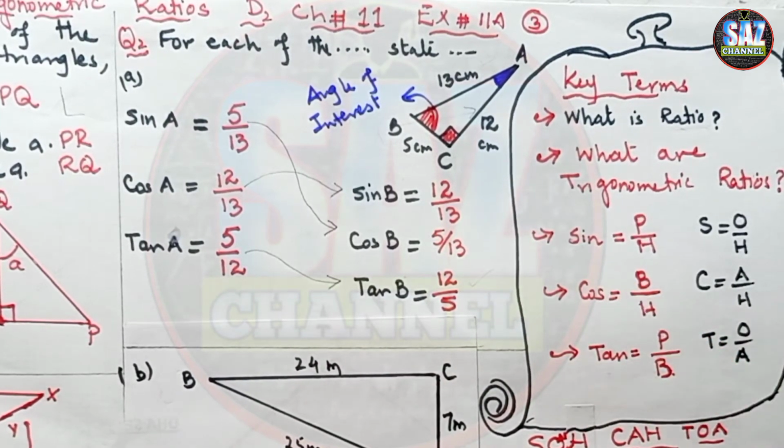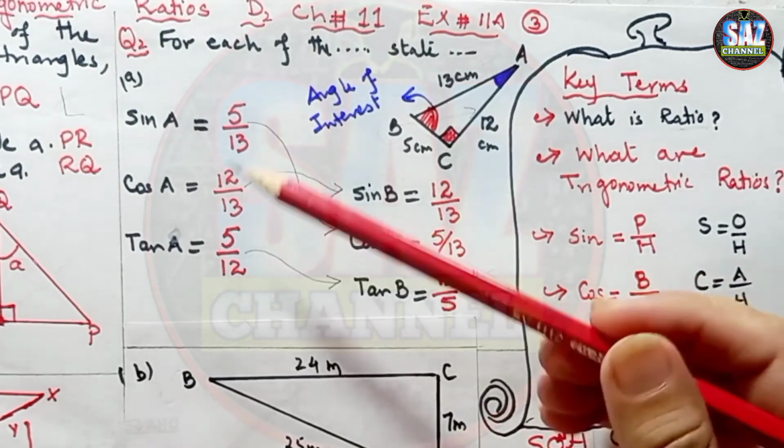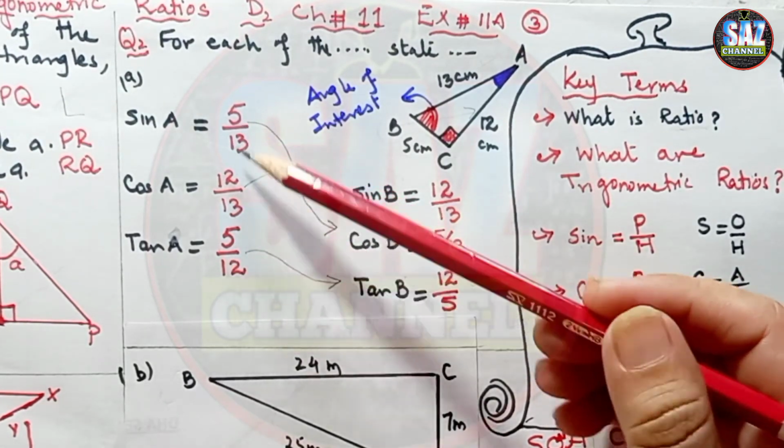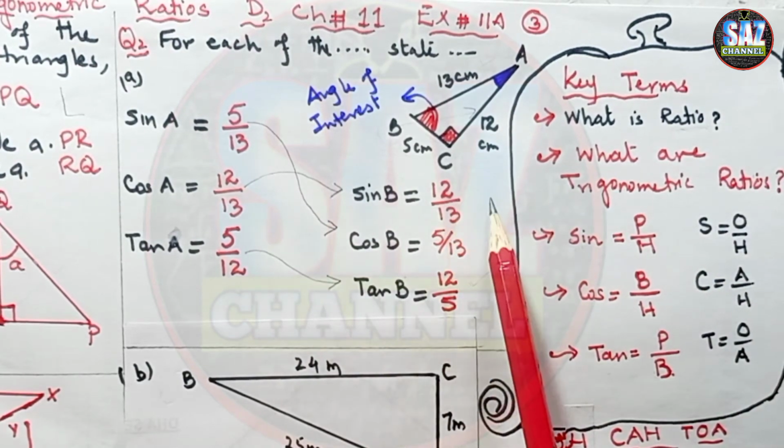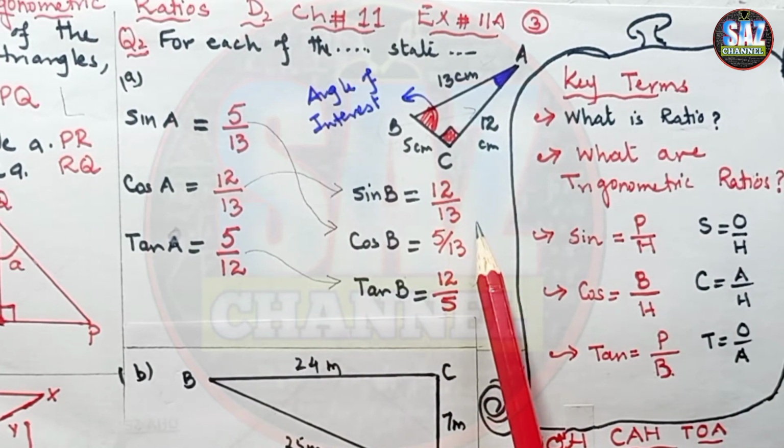I hope you are clear that after writing the trigonometric ratios with the reference of one of the acute angles, we can write the trigonometric ratios of the other acute angle easily.